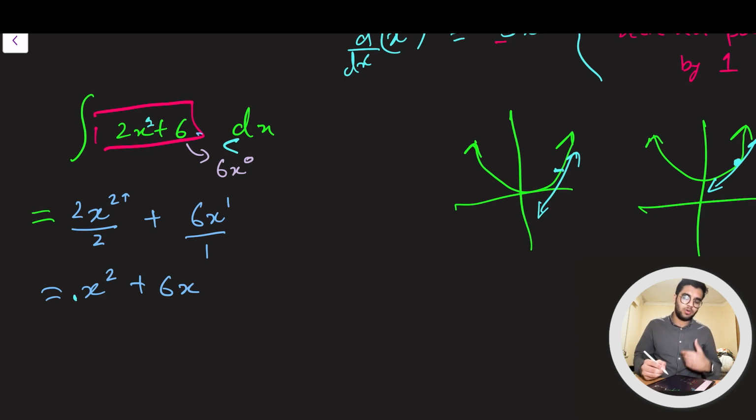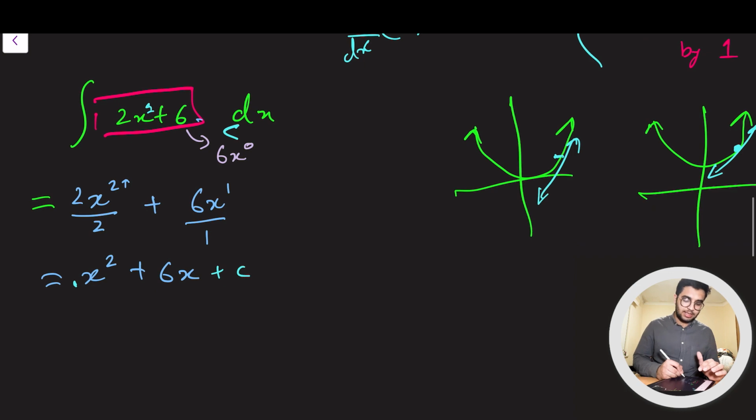So in order to capture that family of constants, you're going to go plus, and we're just going to say constant. And instead of writing the whole thing, because we are lazy, I'm going to choose a letter. What letter? C. So this literally says that x squared plus 6x plus any constant, when you derive it, gets you your 2x plus 6.